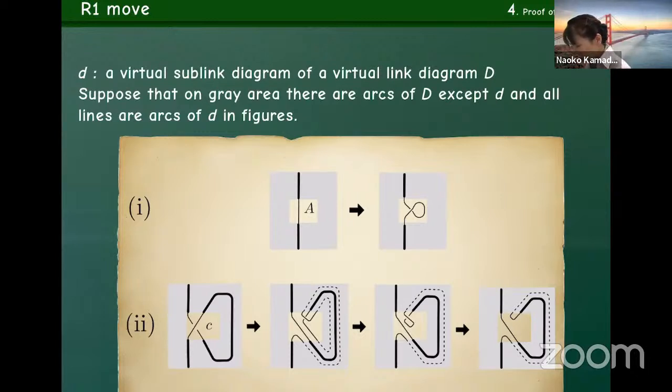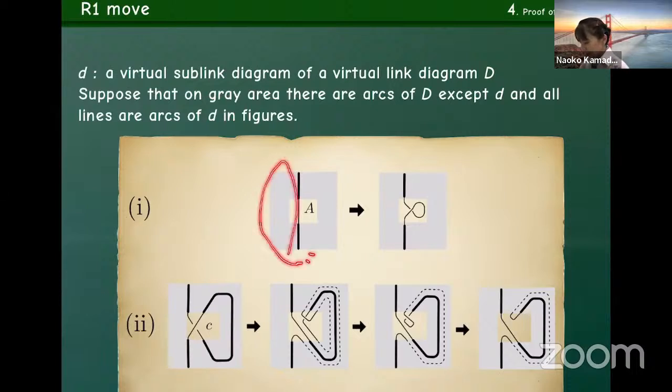Suppose that on the gray area, there are arcs of D, and all lines are arcs of D in the figures. That means those arcs are all of these lines.